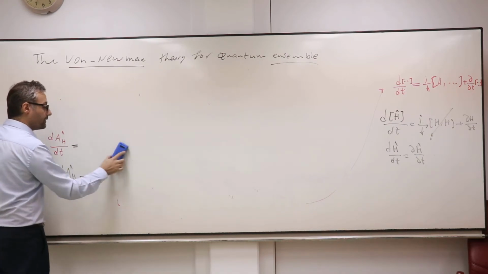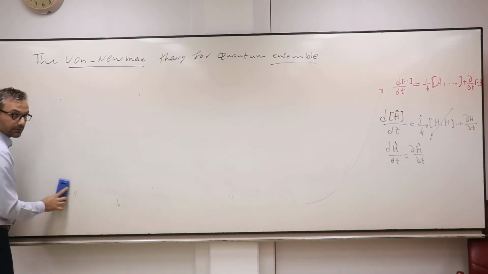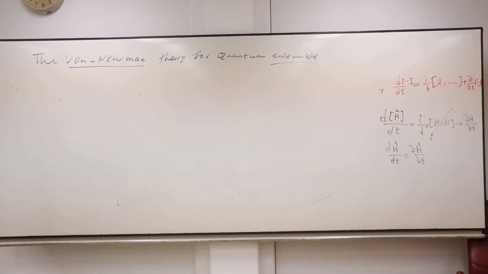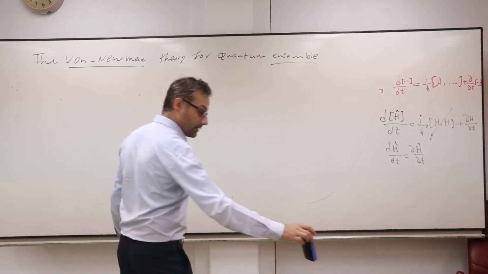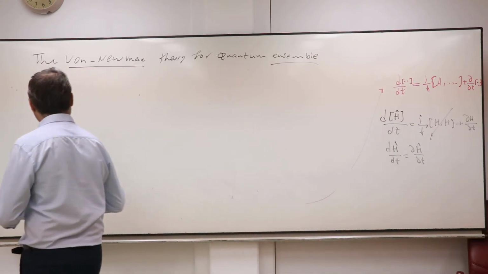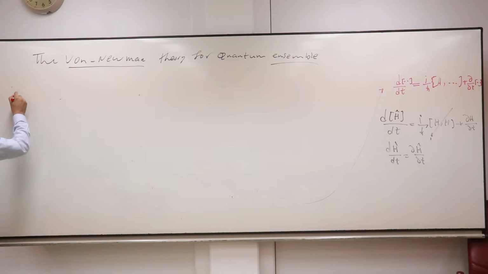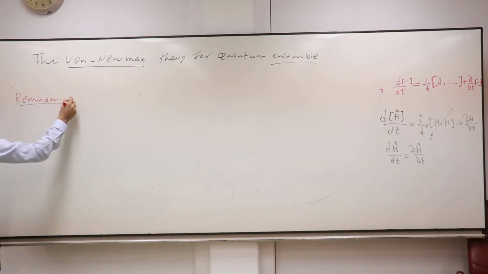It was the density of the particles in the phase space. How many particles are located in the spatial part of the phase space? I just remind you of that.